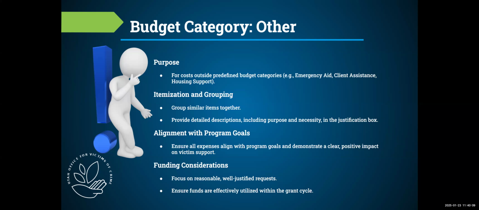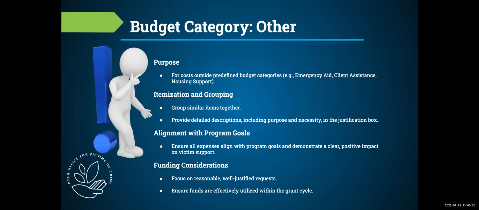When considering requests for funding in this category, be sure to focus on making your request reasonable and well justified. It is also important to ensure that the items requested are designed to be effectively utilized within the grant cycle.